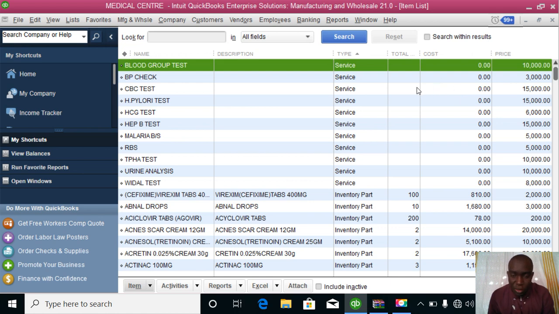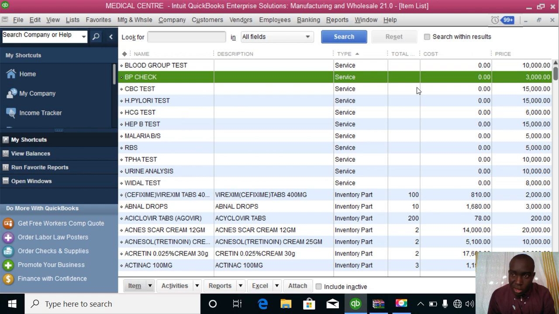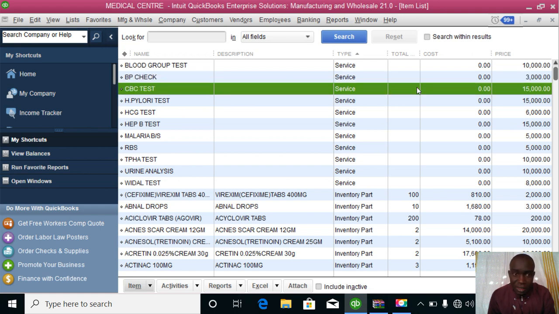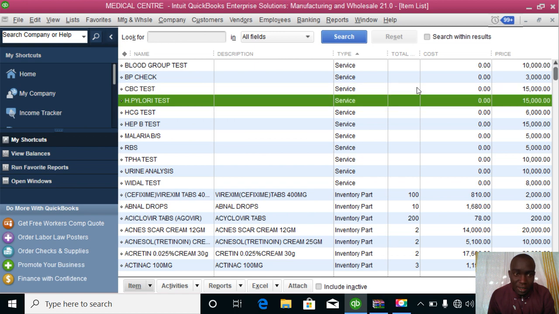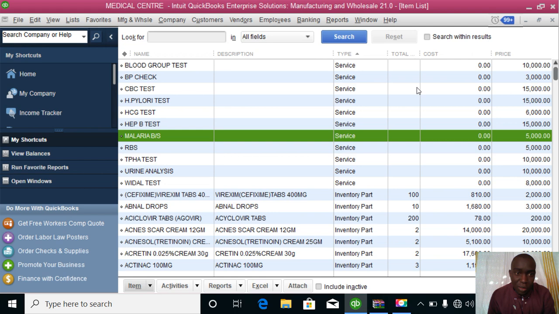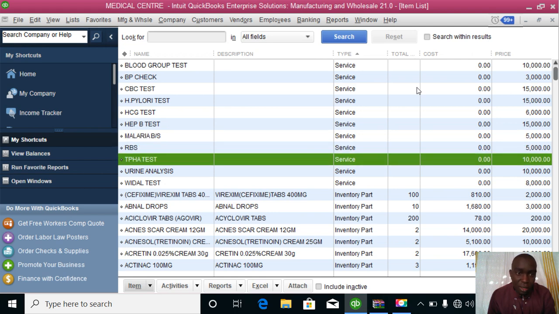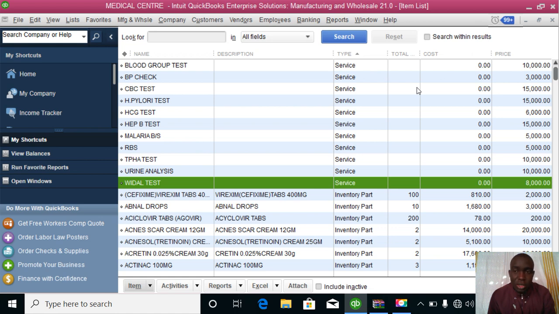So it starts with a list of services: BP check, checking blood pressure, CBC test, H. pylori test, HCG test, hepatitis B, malaria blood slide, random blood sugar, urinalysis.